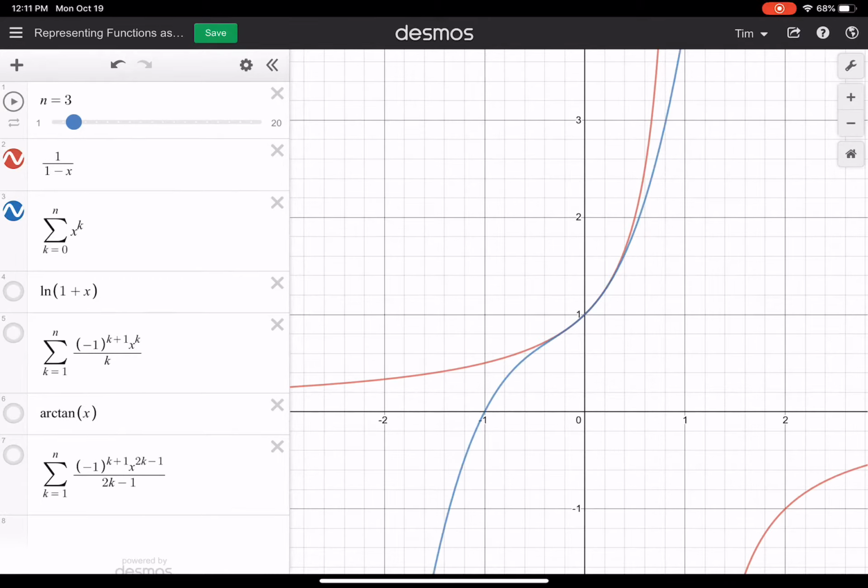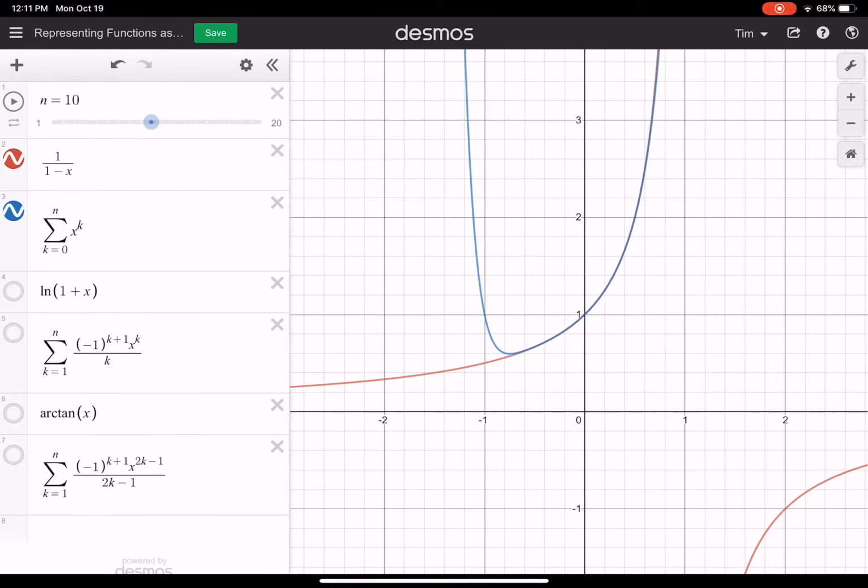I can add the x cubed term and get a better approximation. Adding x to the fourth or x to the fifth gives me a better approximation. And I can keep adding terms all the way up to, say, x to the 10th.